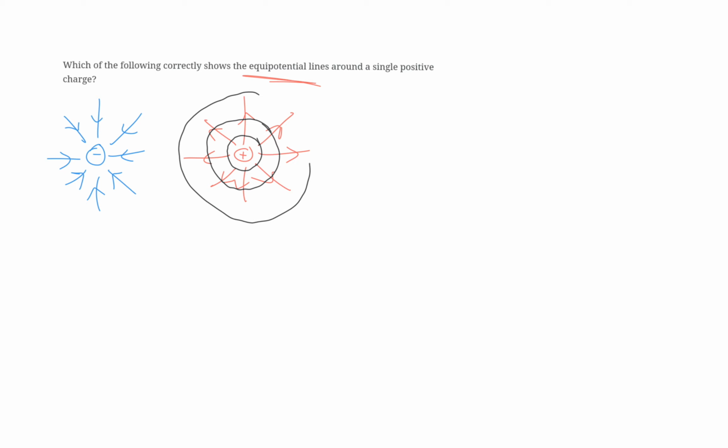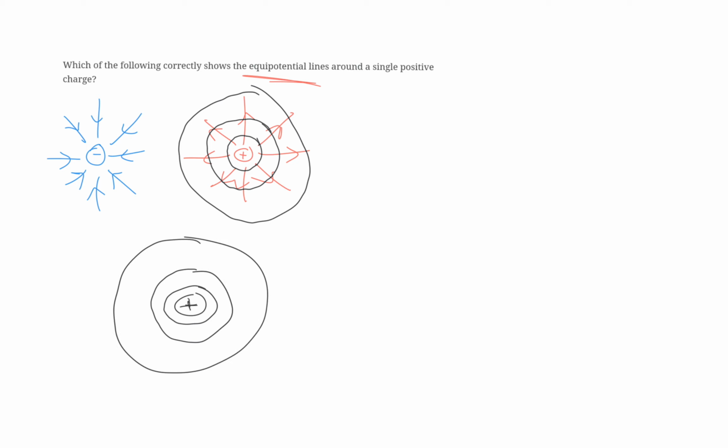So just like one of the maps that shows the gradient of heights by having these equipotential lines, what we'd expect to find is if we've got a positive charge in the middle, then our equipotential lines start close to the charge, and then as we get away, they get a little bit larger. And this is something you should be able to find in Cognity 10.1, close to the start of that unit.